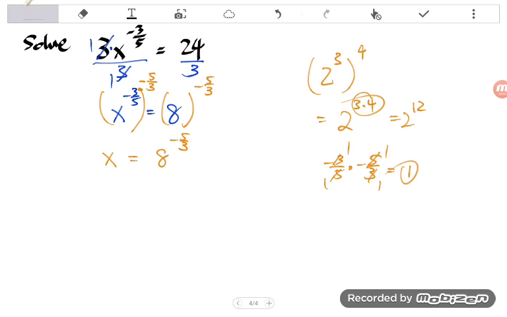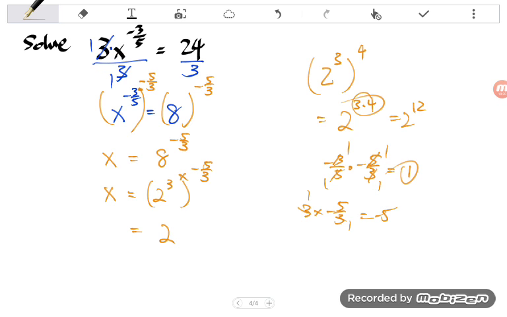Okay, welcome back. So now I'm gonna try to break 8 with a base of 2 to the power of 3. That gives me my 8, and the negative 5 over 3 will still be there. And again, I'm gonna introduce power to the power. I multiply them, so I'll have 2 to the power of 3 times negative 5 over 3. The 3 and the 3 go out, I get negative 5.